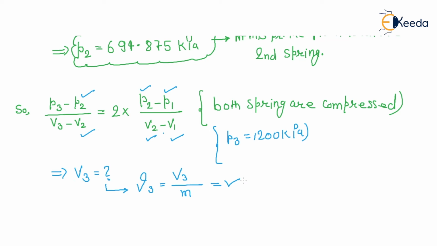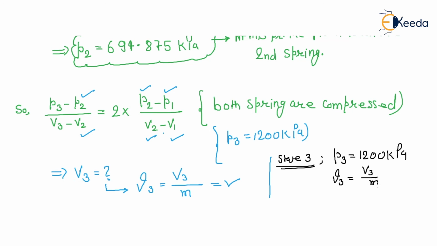So what is that? State 3 you have 1200 kilopascal, and specific volume V3 by M. So from the ammonia table, the NH3 table, you have T3 as 51 degrees centigrade.